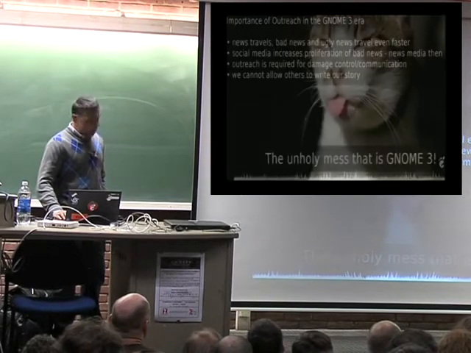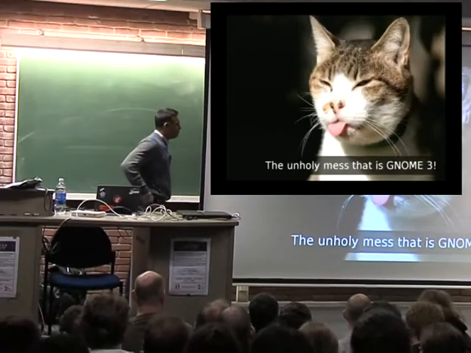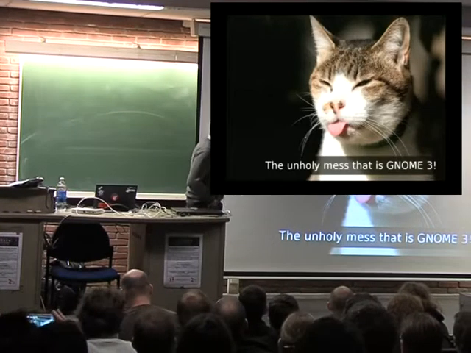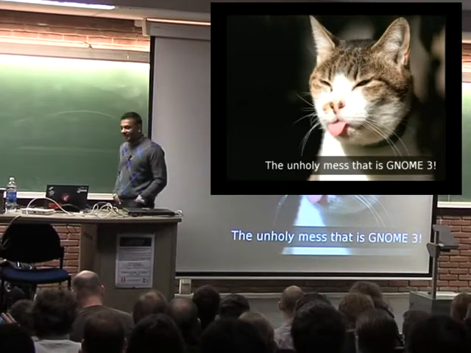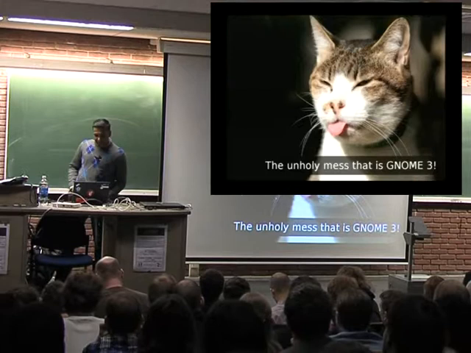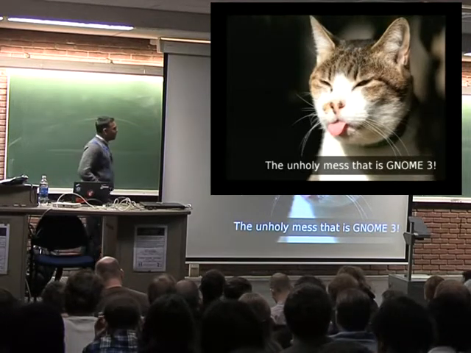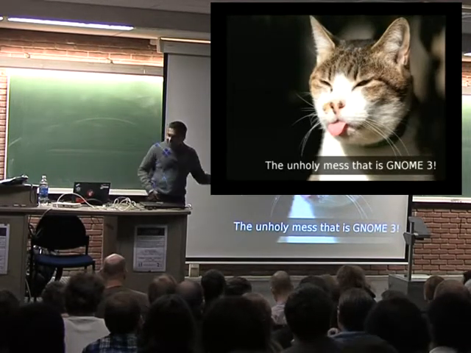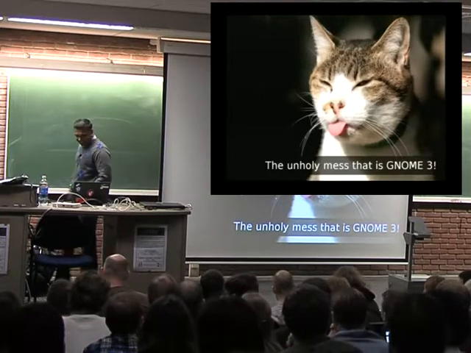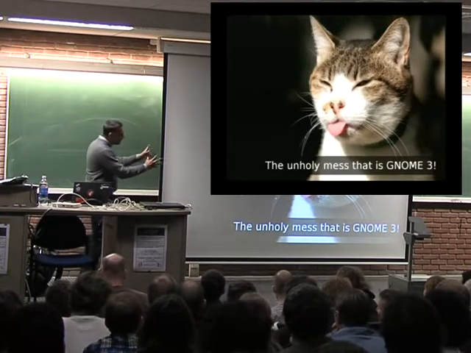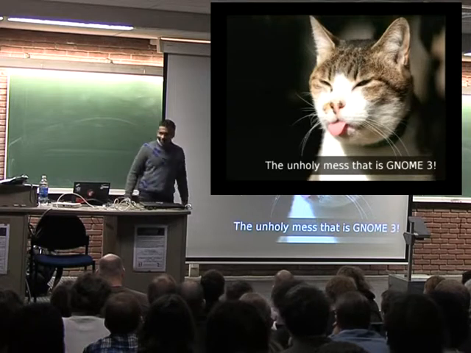Oops, I missed the slide. You can't miss the cat. So, the unholy mess that is GNOME 3. That was Linus's quote there. When I think of Linus now, I always think of this cat, because it really does kind of encapsulate the reaction.